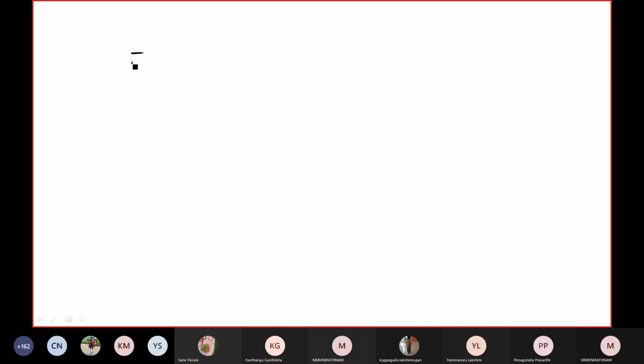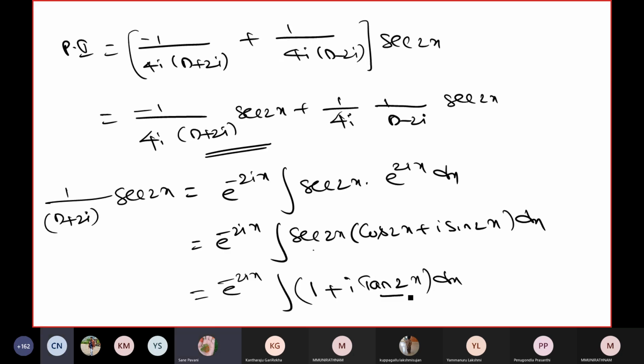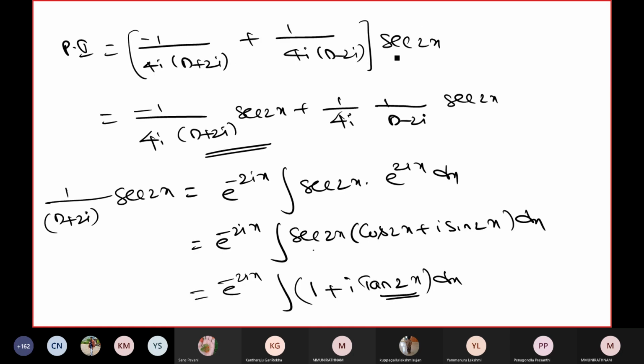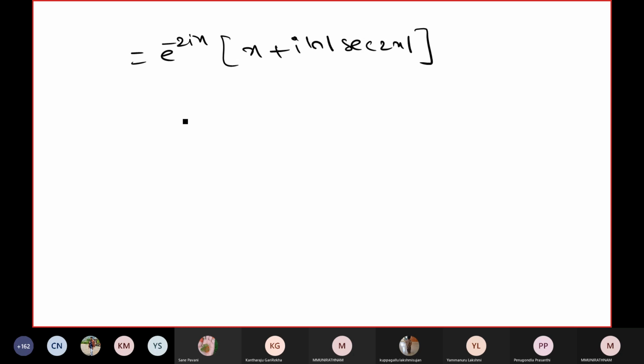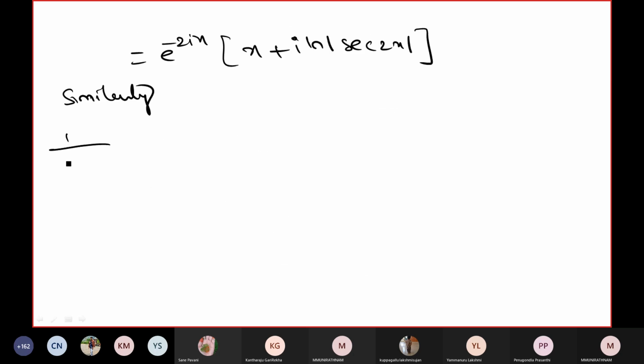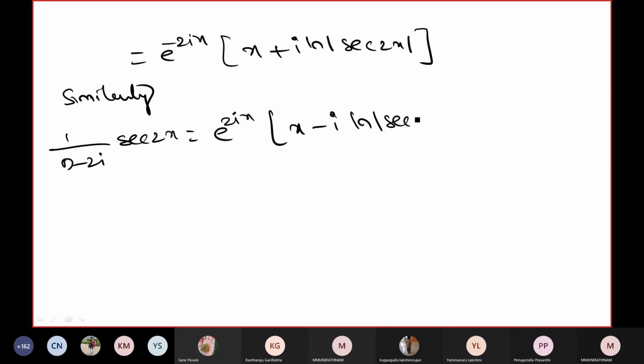Integral tan x formula, can anyone tell? ln mod secant 2x. Yeah, fine. So similarly, this is 1 by d plus 2i, right? Similarly, 1 by d minus 2i secant 2x will be e power 2ix times x minus i ln of secant 2x.